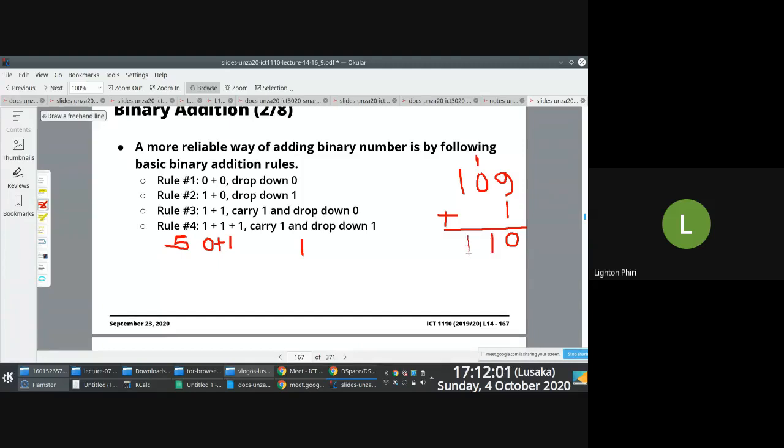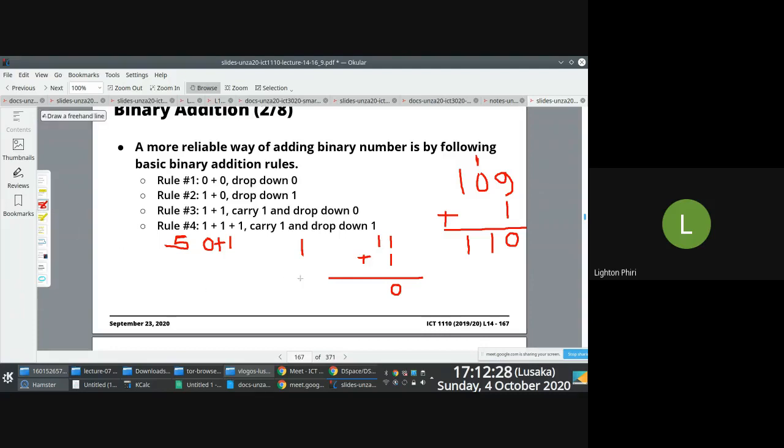We are saying the same thing applies to base 2. When you're adding 1 and 1, because there is no 2 here, the answer is going to be 0, and then we carry the bit to the next placeholder.